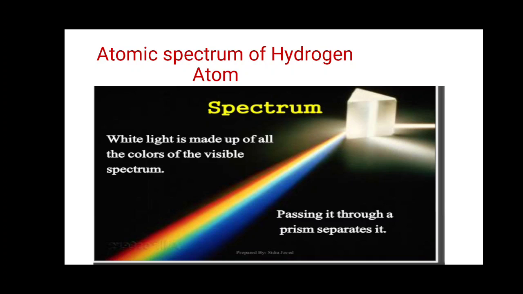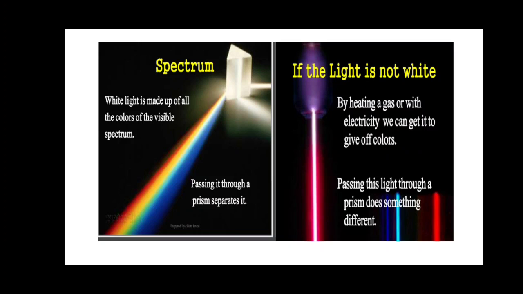See here, here is one color and here is a different color. If the light is not white, for example by heating a gas or with electricity, we can get it to give off a color. Passing this light through a prism does something different.